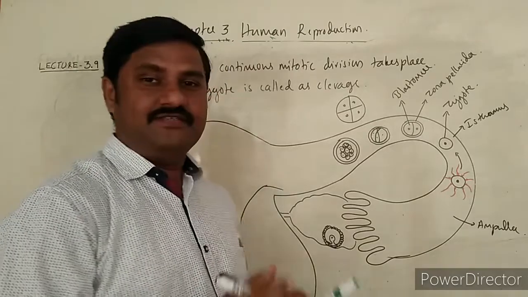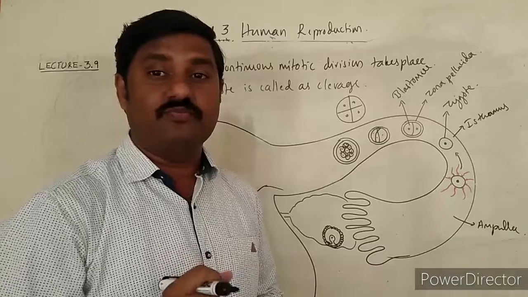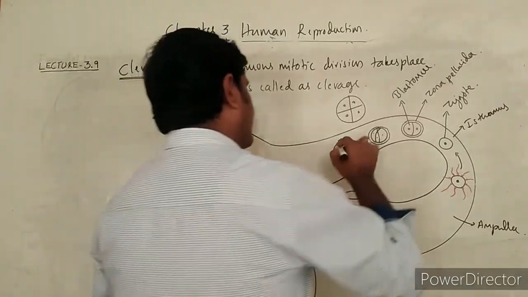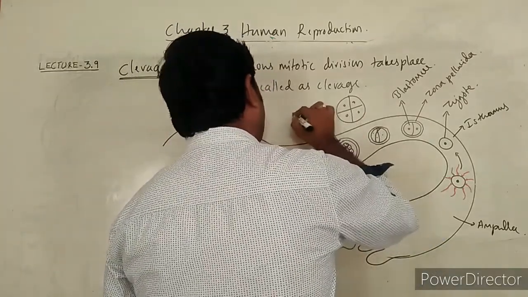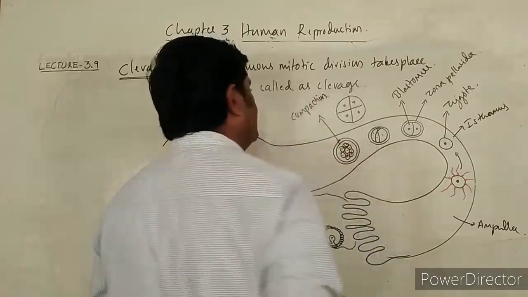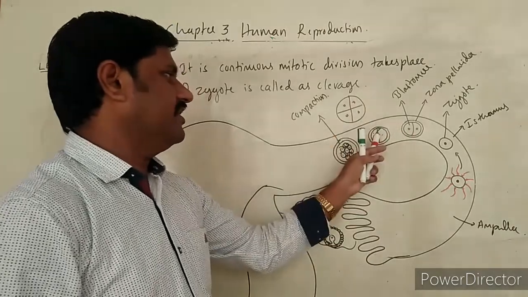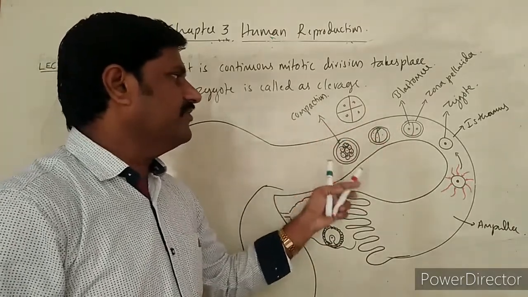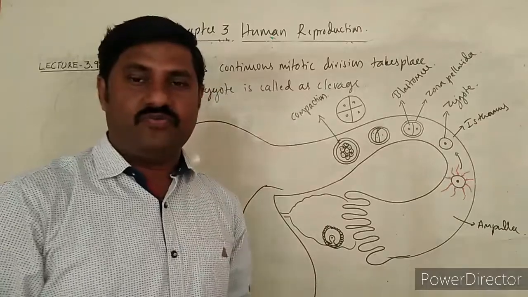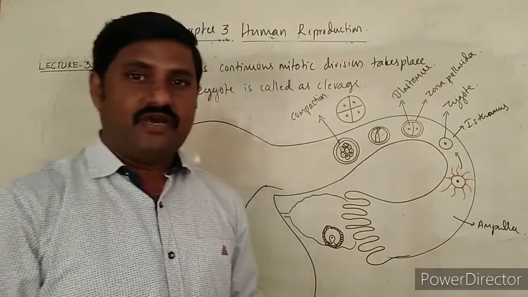Hence this 8-celled stage itself is said to be the stage of compaction. The first cleavage, second cleavage, third cleavage, it is about how many cells? 8 cells, stage of compaction.